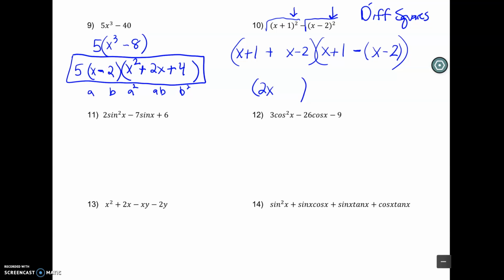And we have 1 minus 2 to give negative 1. We can clean that up a bit. And then over here, notice what we have. We have x minus x. Those cancel. And then we have 1 minus a negative 2, which is 1 plus 2, which is 3. So this ends up being our final answer for number 10. It's a difference of squares problem, but it's a little more complicated. Okay?